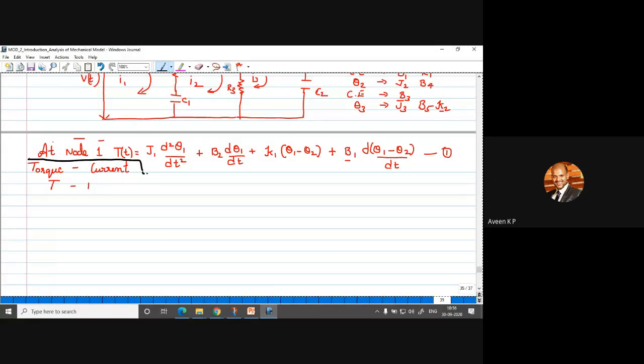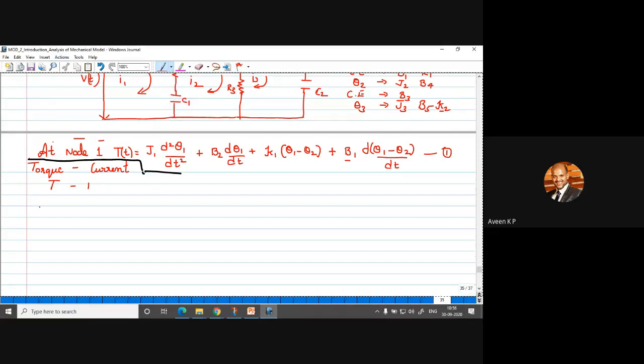The above equation is at node 1 with respect to the mechanical system, and now with respect to the torque current analogy, we need to consider certain modifications, so I will write that.